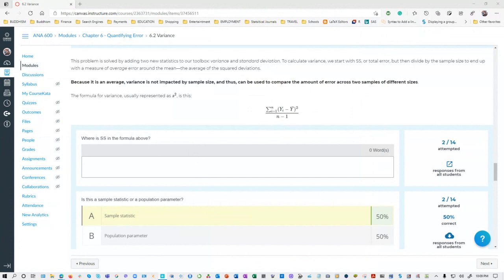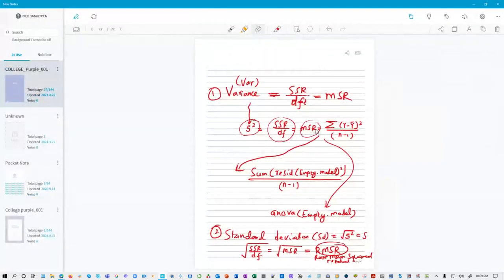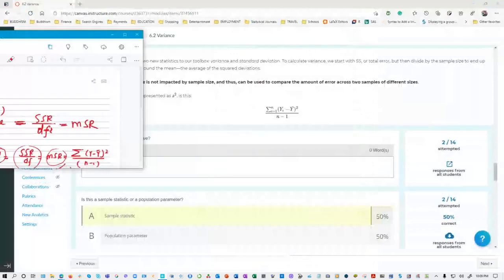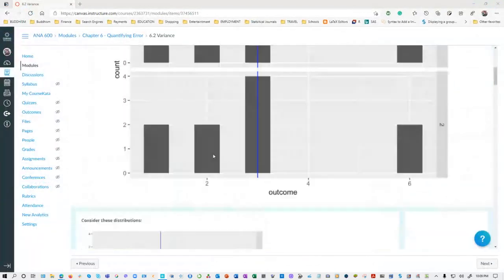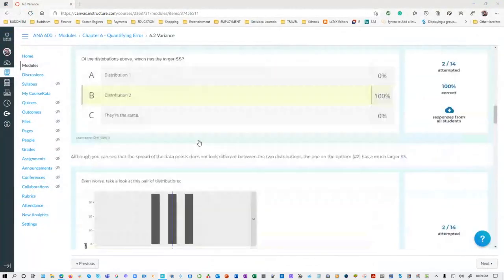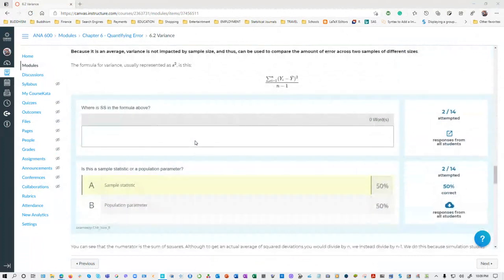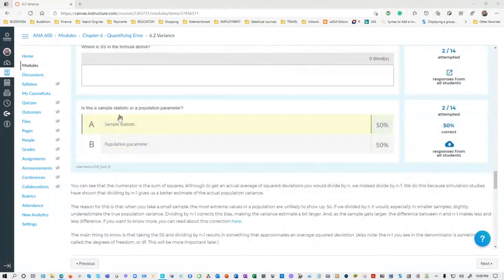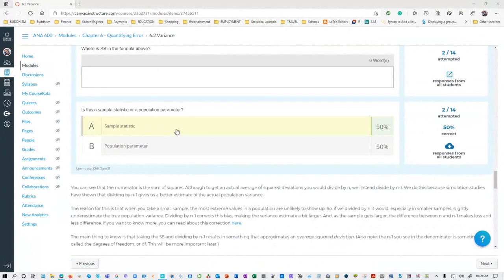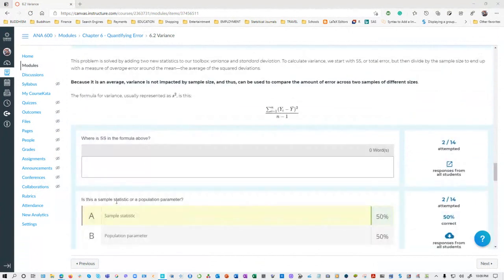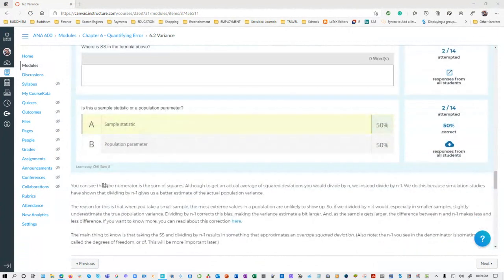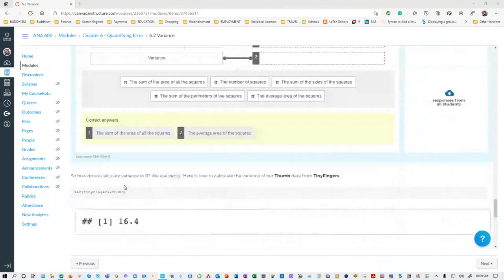That's nothing but the mean squared error, which comes from the ANOVA table. I think we had this table last time. Is this a sample statistic or a population parameter? It is a sample statistic.